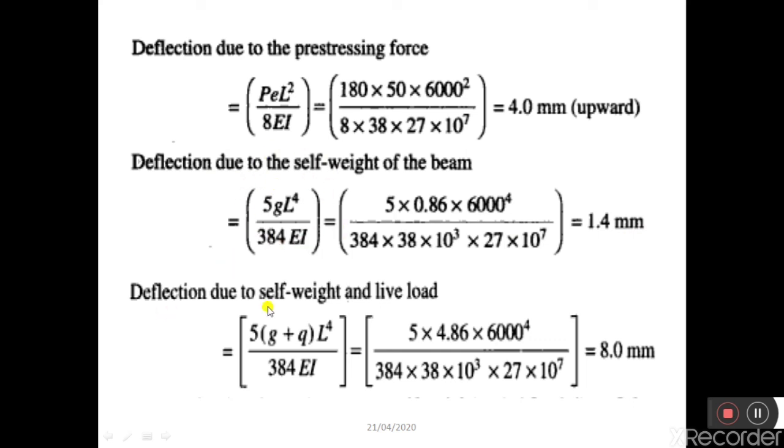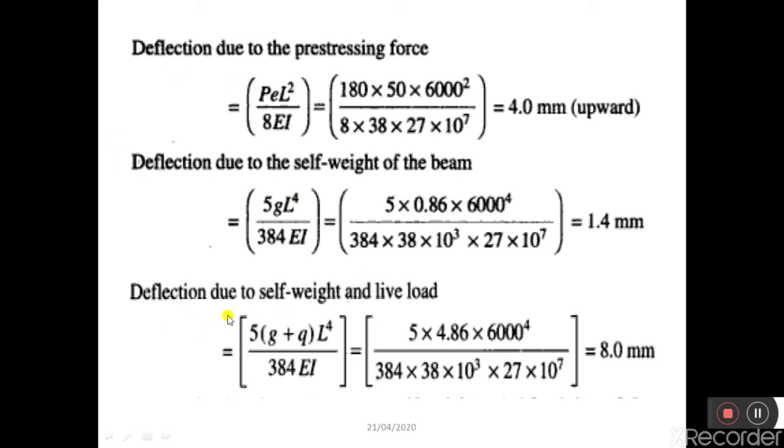Now the deflection due to self weight and live load. The total deflection due to self weight and live load is equal to 5 into (G plus Q) into L to the power 4 by 384 EI. Here G will be the dead load and Q will be the live load.